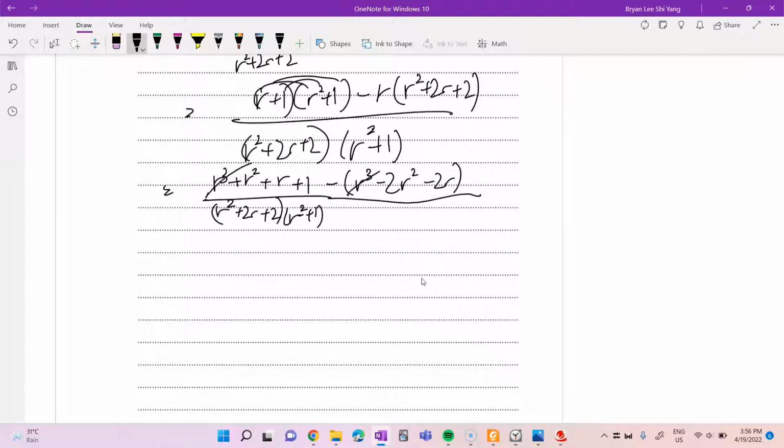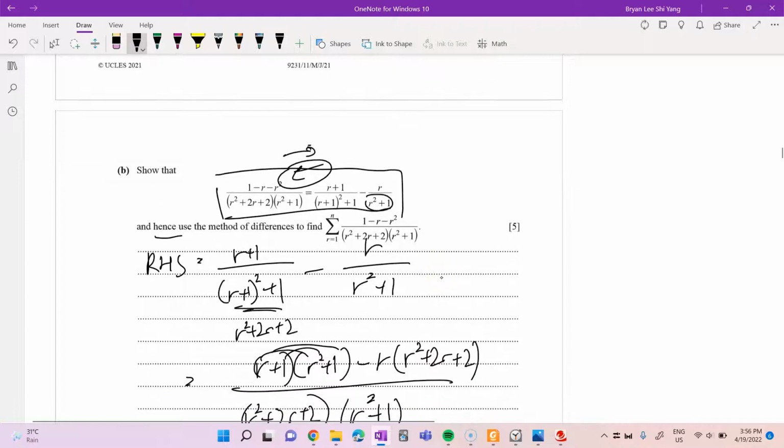So we have negative r, negative r squared, negative r, so we would have 1 minus r squared. Then everything else follows.